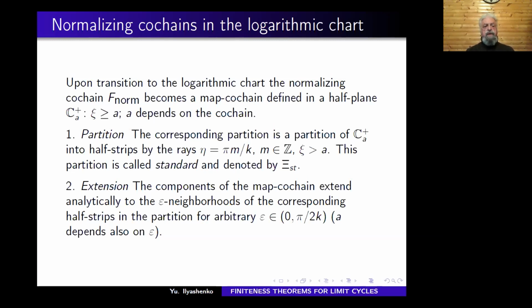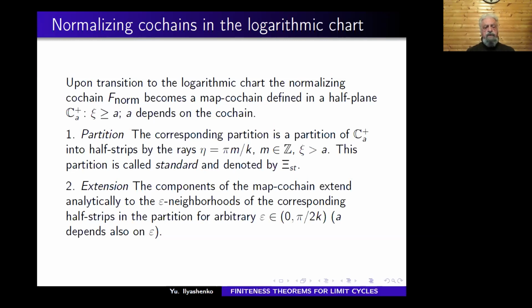So the normalizing cochain passes to something relatively simple. Its domain is the right half plane, probably pushed to the right. The partition is just the partition by the horizontal rays, and the domains of the partition are half strips of width pi.